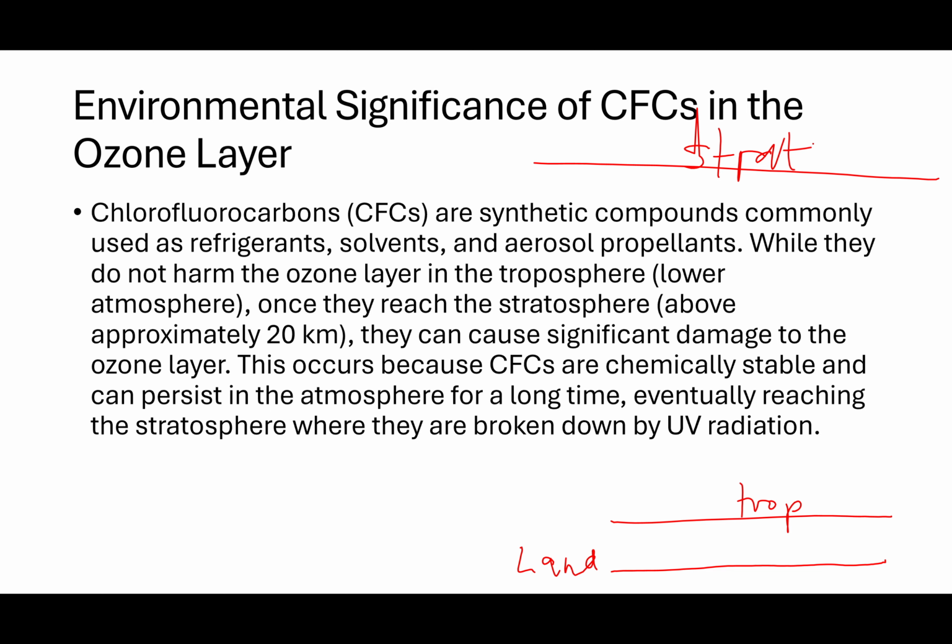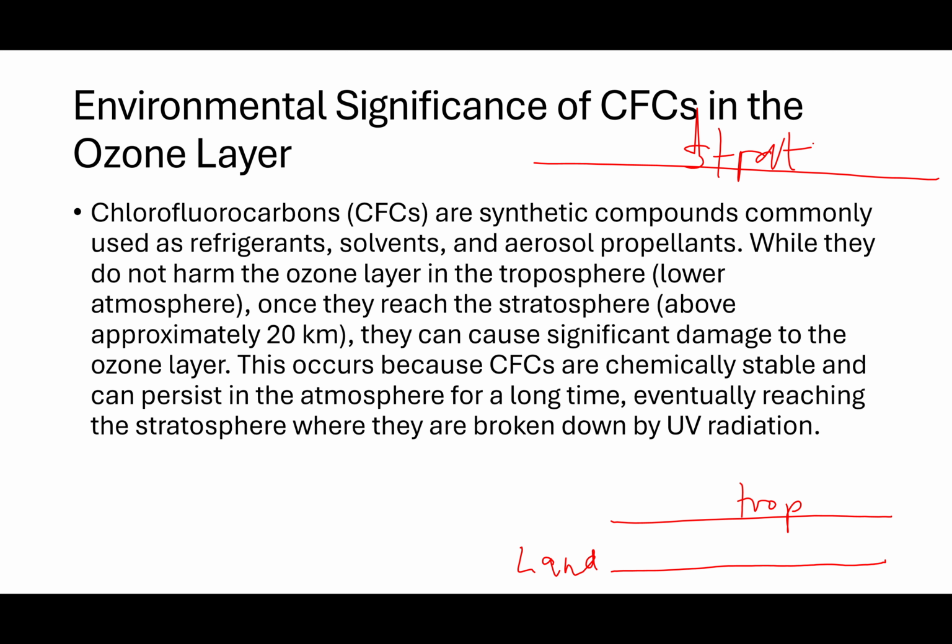And that is because in the stratosphere, that is where most of the UV radiation interacts with the atmosphere. In the troposphere, not a lot of UV radiation reaches, but the stratosphere is basically the outskirts of the Earth's atmosphere, where a lot of the sun's UV radiation is interacting.